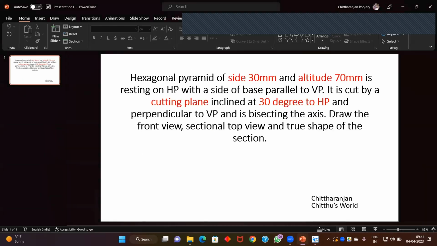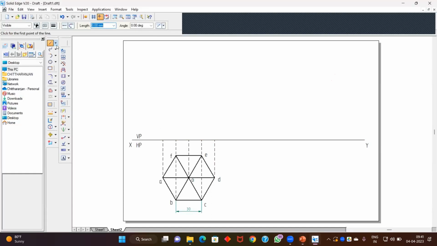So we have a pyramid of altitude 70 mm. So draw an axis line of 70 mm. Now join the lines with the thickness 0.50 mm and a continuous line. And also side lines.